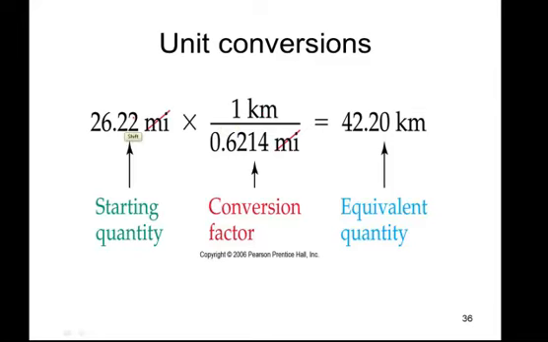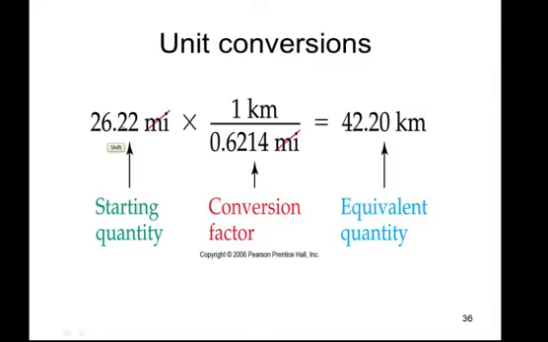If I started with kilometers, then I would want to take this conversion factor and flip it so that I had the kilometers on the bottom. So I'm going to line up my units and cancel. That's why it's called unit cancellation. So the miles cancel, and I would take 26.22 times 1 and divide by 0.6214. And that would give me 42.20.